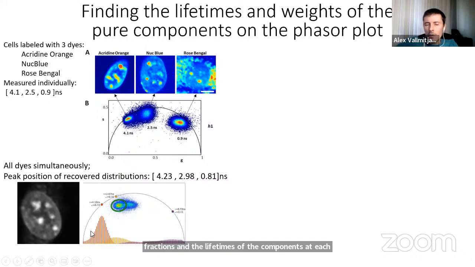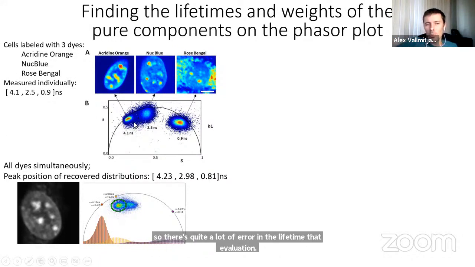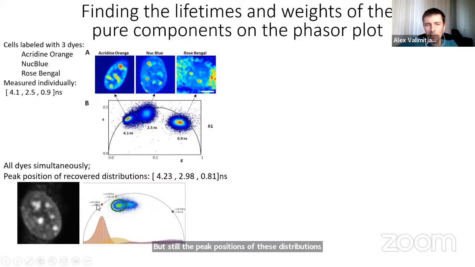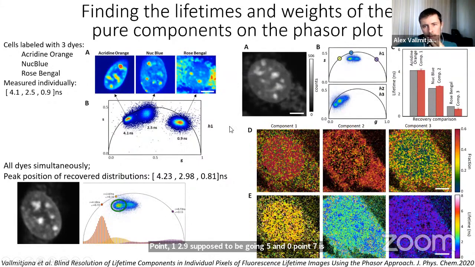And you do get very broad distributions so there's quite a lot of error in the lifetime evaluation, but still the peak positions of these distributions correspond to what you would expect. So notice that you have here 4.18 as opposed to 4.1, 2.9 as opposed to 2.5, and 0.7 as opposed to 0.9. So we published this work in which we did a 3-component problem, and we also did a 4-component problem, and show that it can theoretically be done, although you have quite a lot of error.